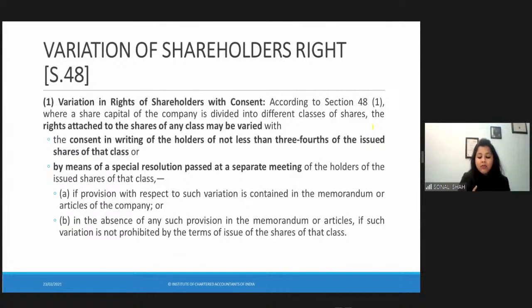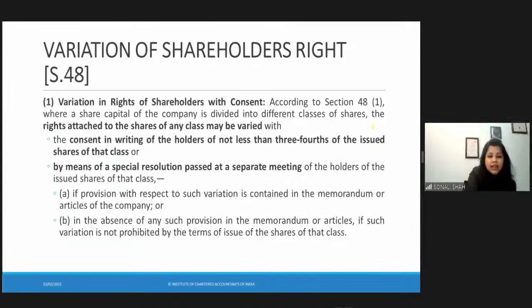But for that variation, there should be a power available in the memorandum or articles of association of the company, and such variation should not be prohibited by the terms of issue of such share where no power is contained in the memorandum or articles of the company.